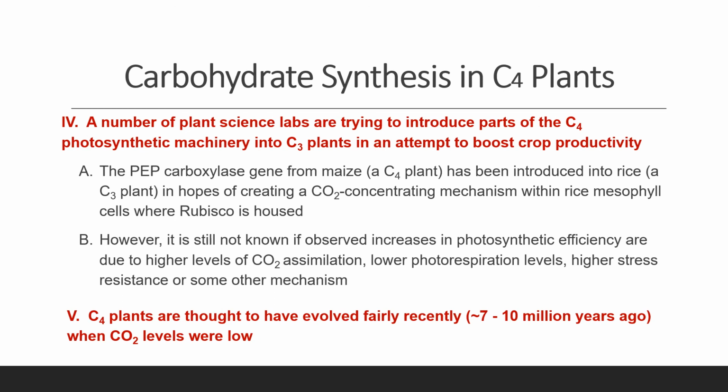A number of plant science labs are trying to introduce parts of the C4 photosynthetic machinery into C3 plants in an attempt to boost crop productivity. The PEP carboxylase gene from maize, a C4 plant, has been introduced into rice, a C3 plant, in hopes of creating a carbon dioxide concentrating mechanism within rice mesophyll cells where rubisco is housed.